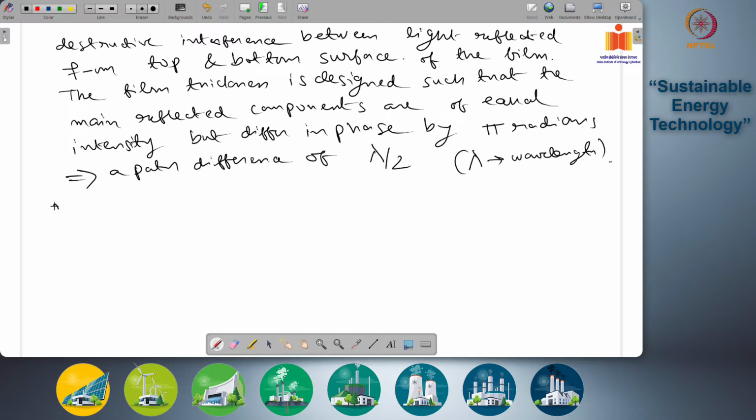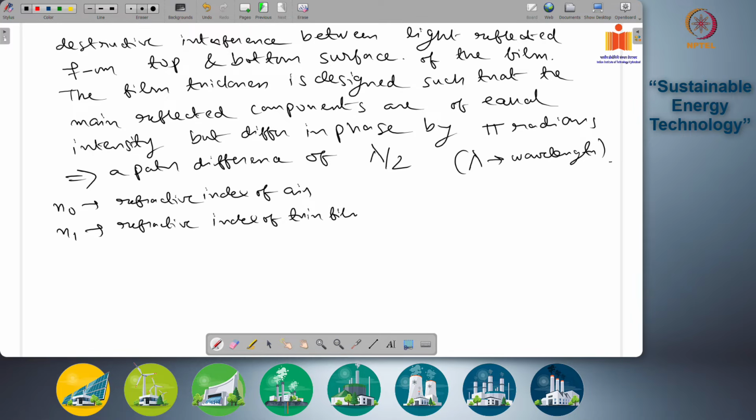So suppose N0 is the refractive index of air, N1 is the refractive index of the thin film, and N2 is the refractive index of the semiconductor.